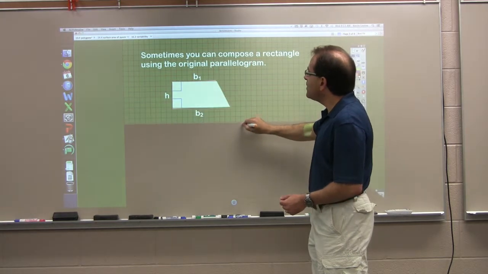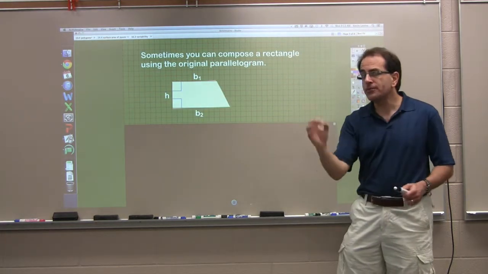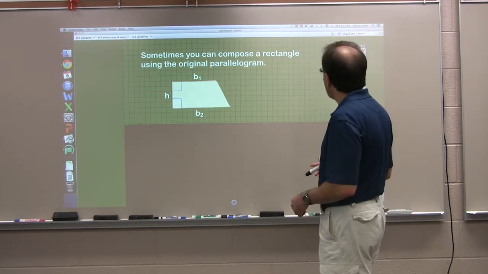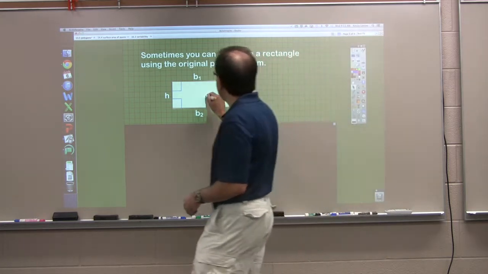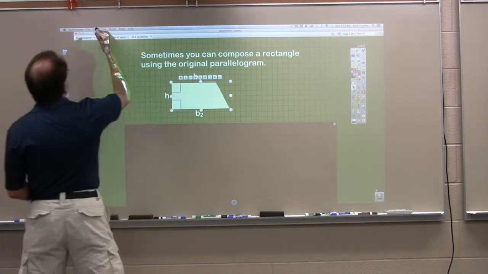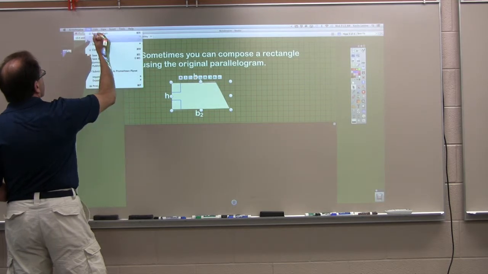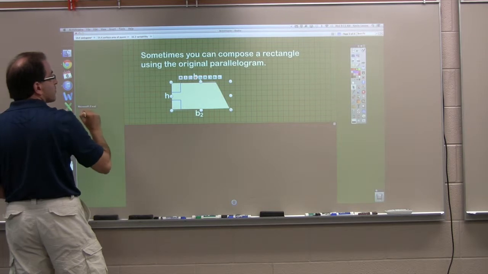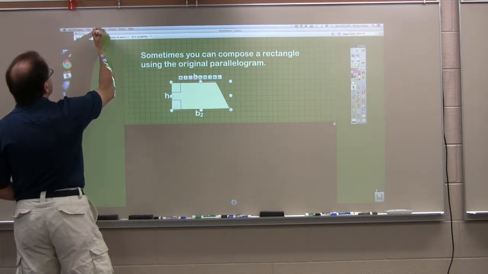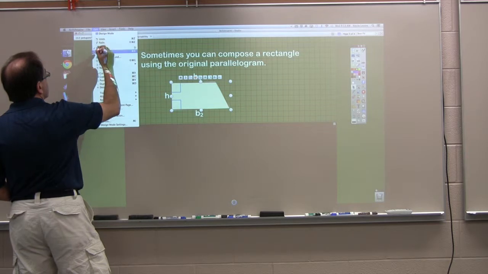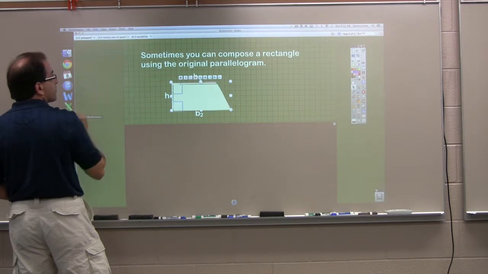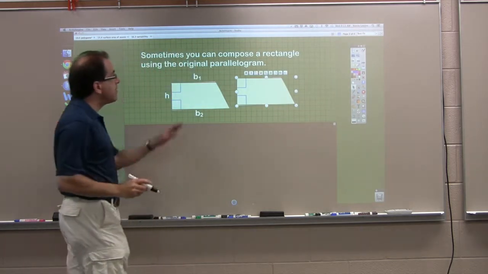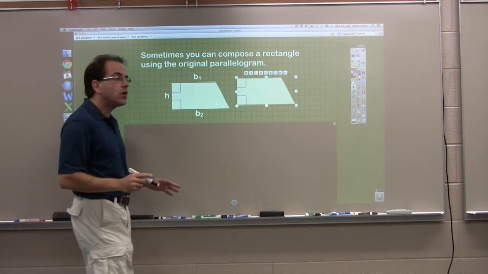So, we have another trapezoid. It looks a little bit different than the other one, and it's going to help us figure out how this formula works. First I need to copy that shape, and then paste that shape. Now I've got 2 of these trapezoids.